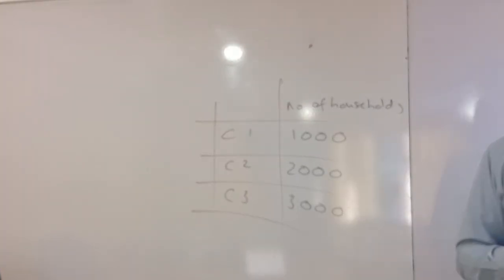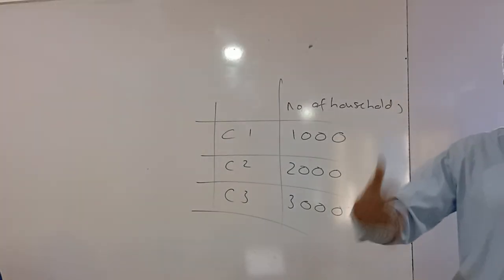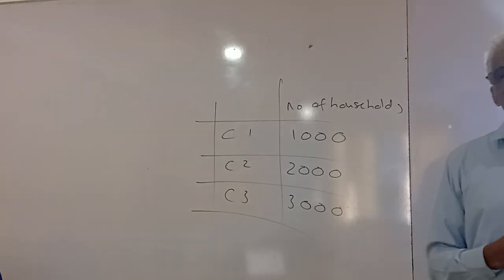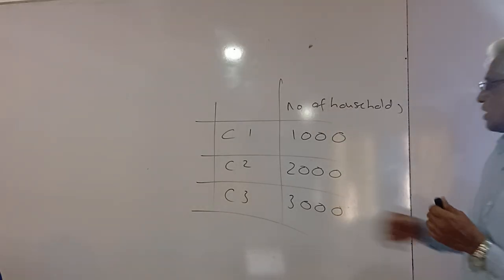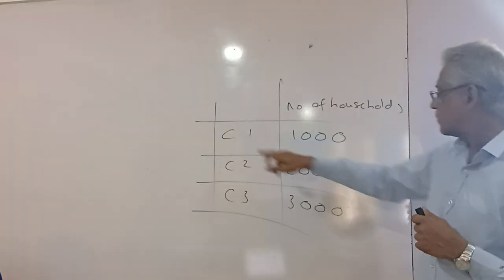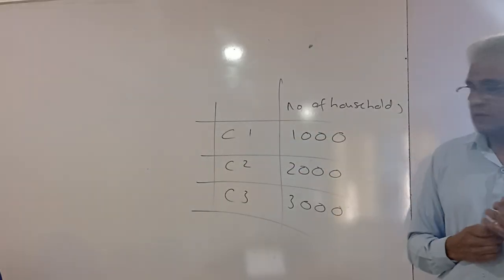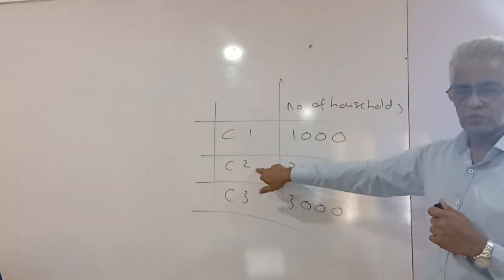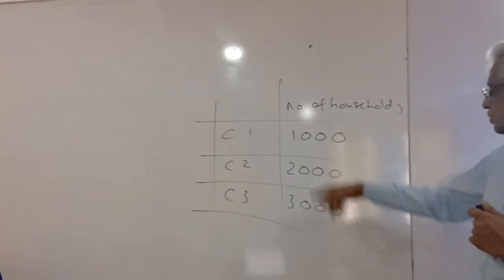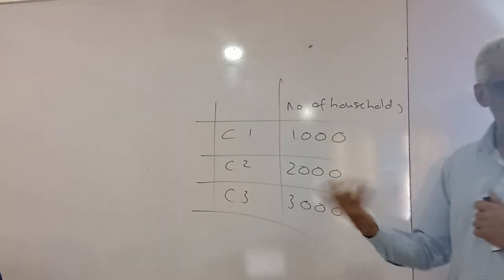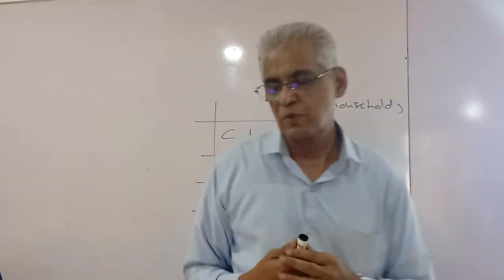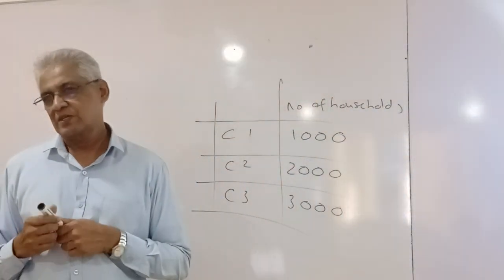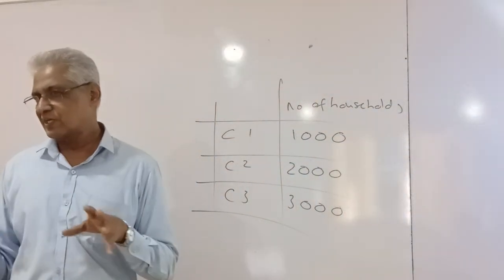What I want is for the probability of being selected to be proportional to the size. Size means number of households. So C1 should come with probability 1/6, C2 should be selected with probability 2/6, and C3 with probability 3/6. That's what you mean by probability proportional to size. So your method will not guarantee that.